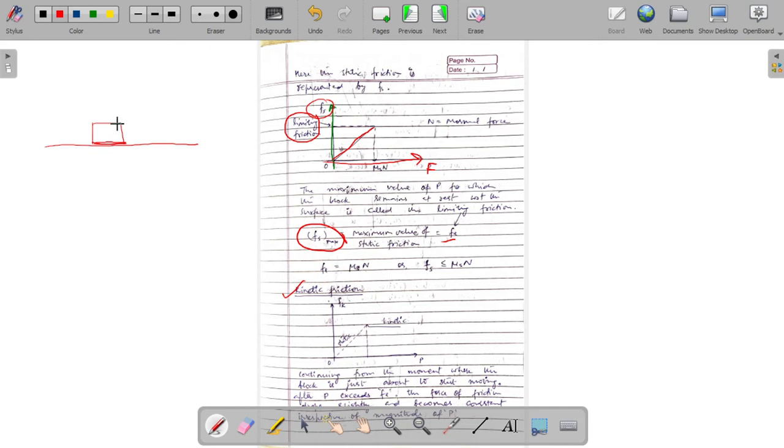As the body starts moving, and when would it start moving? When I have exceeded this limiting friction. Just after we have increased the value of F beyond the limiting friction, we experimentally observe that the value of friction, which is plotted on the y-axis, falls slightly.